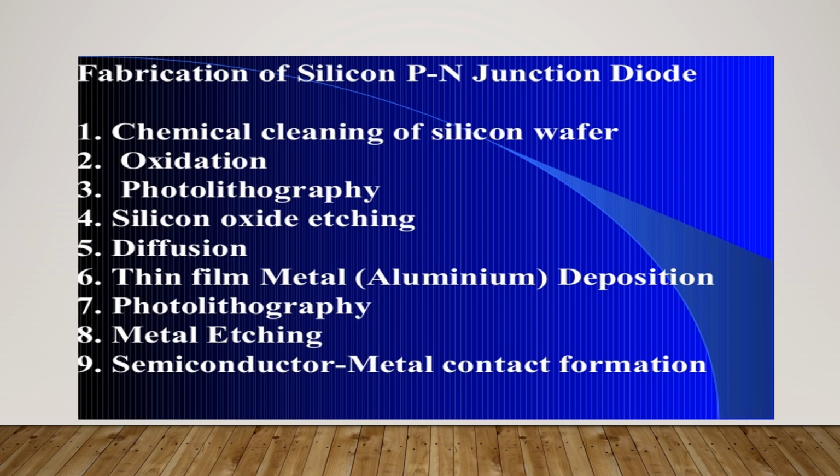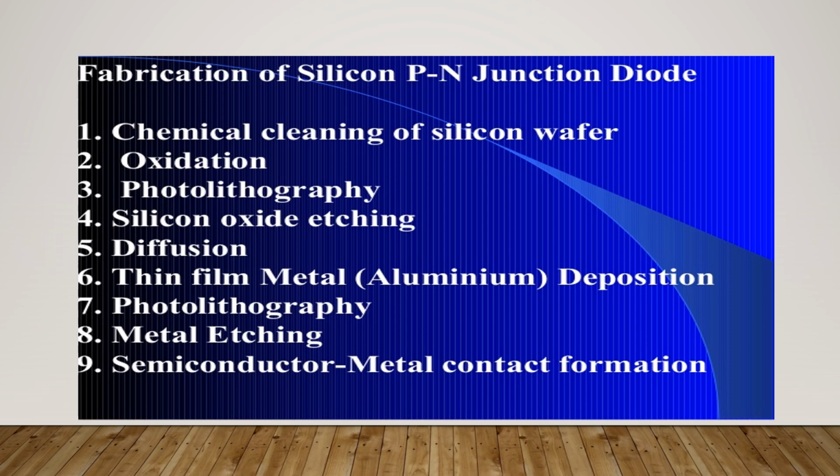First of all, you must revise the fabrication of the PN junction diode. You know, initially we oxidize a silicon wafer by depositing a silicon dioxide layer over there. So initially you will take a wafer and clean it. How will you clean it? First of all, you will clean it with soap and detergent.